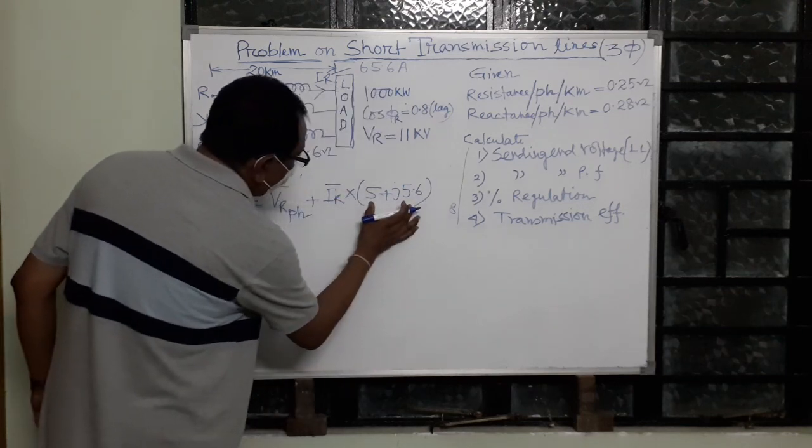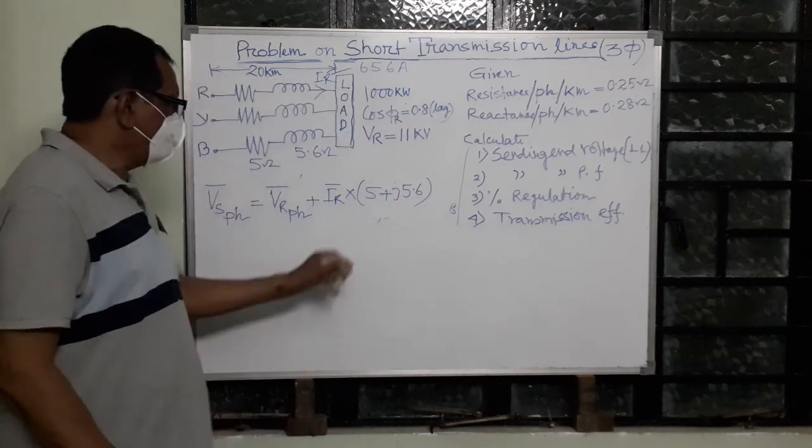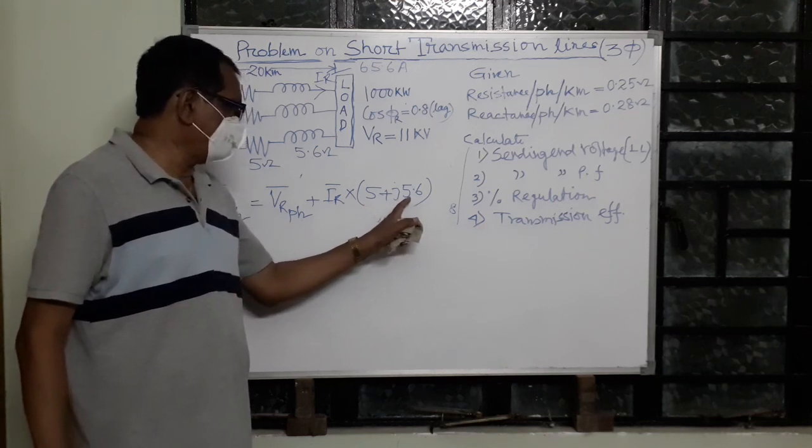This is the impedance of the transmission line, where resistance is 5 and 5.6 is the reactance.